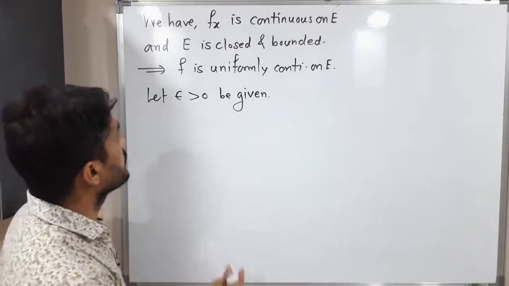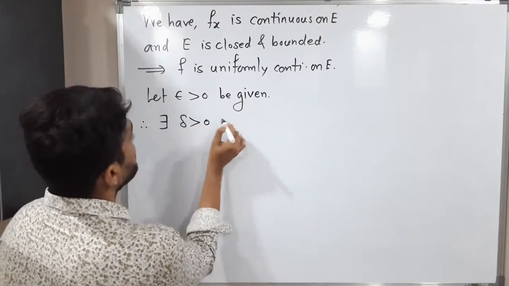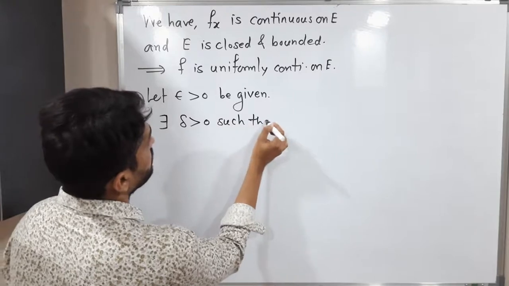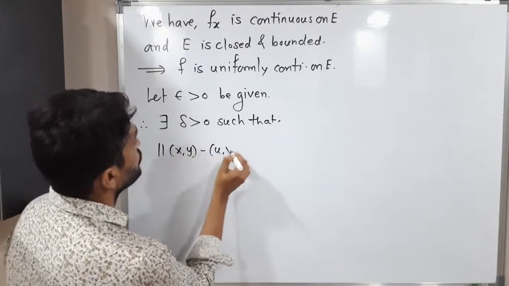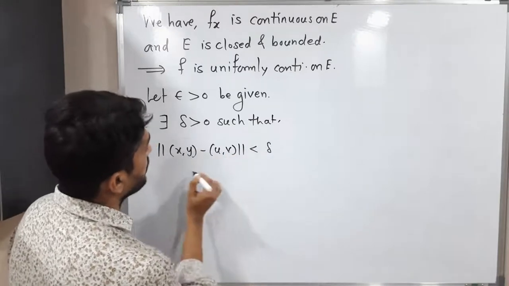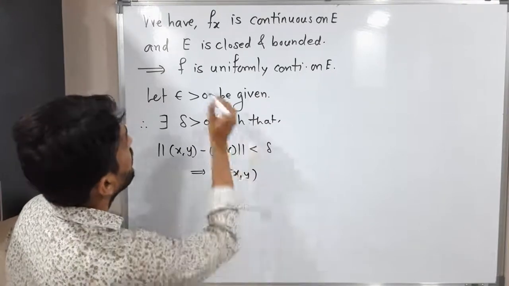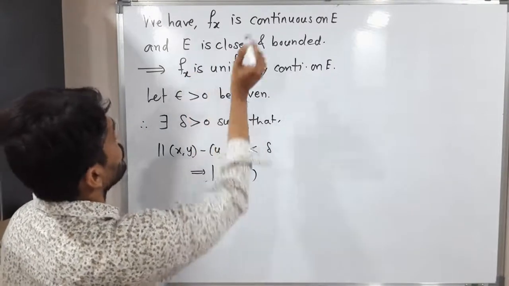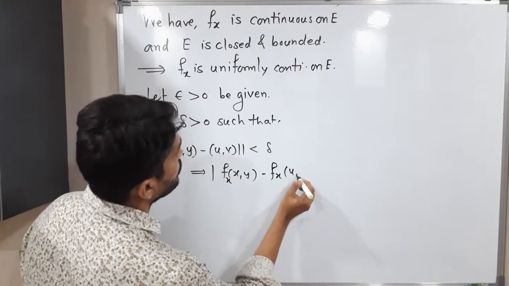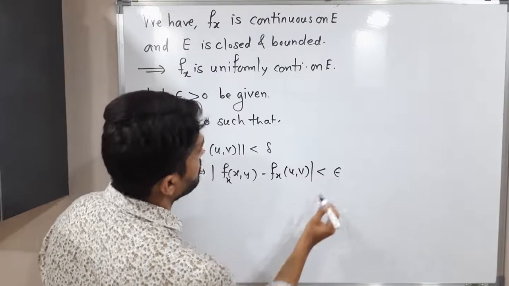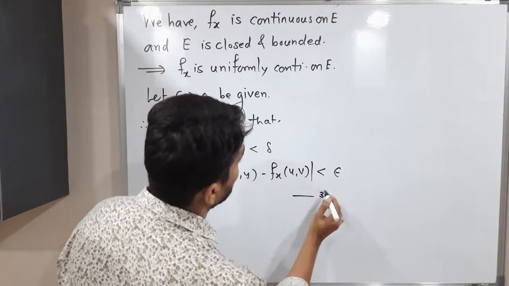Uniform continuity says that for given epsilon there exists delta greater than 0 such that norm of (x, y) minus (u, v) less than delta implies mod of fx(x, y) minus fx(u, v) less than epsilon. I think this is equation number 3.